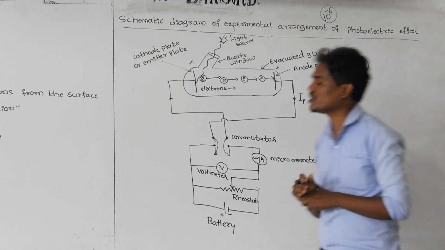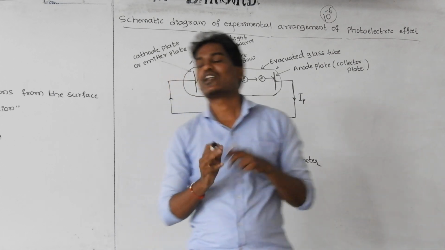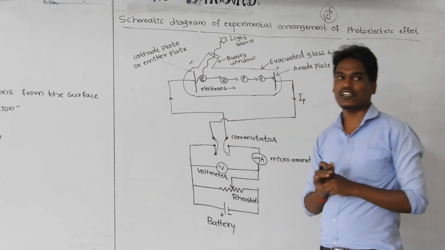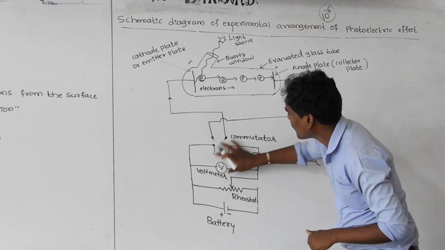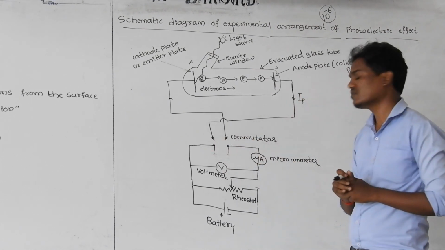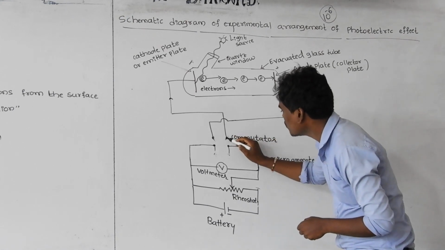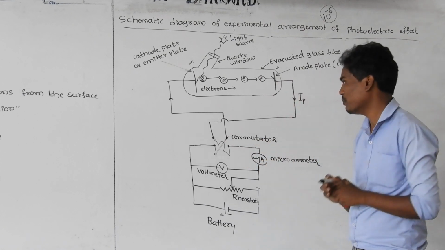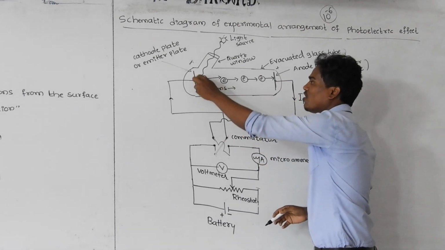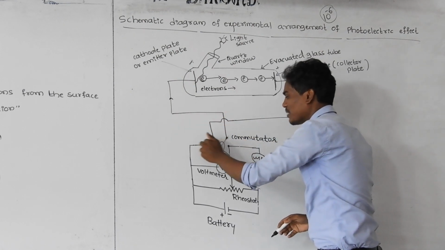In order to change the potential of the anode plate as well as the cathode plate, we are going to use the multi-key system here. To produce a photoelectric effect, I am changing the circuit here. I am connecting this switch to positive and this switch to negative. Means the cathode plate is connected to which terminal of the battery?